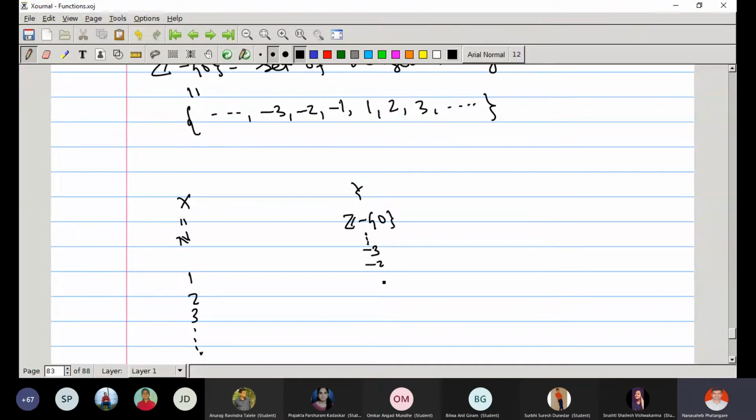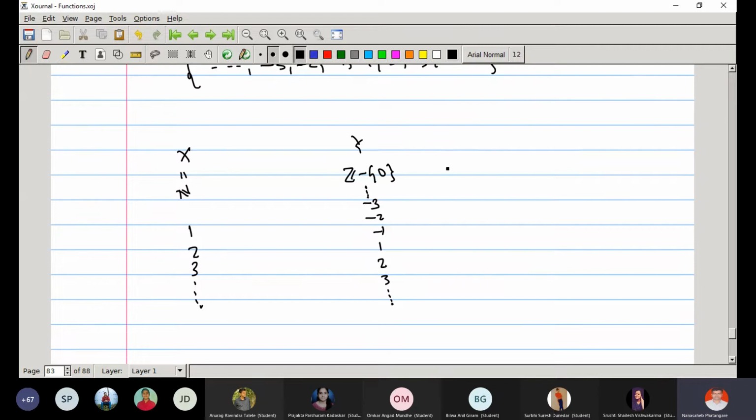positive integers, right? Again I write x here, that is 1, 2, 3, and so on. Okay, what is the function f? f is a function from natural numbers to non-zero integers.